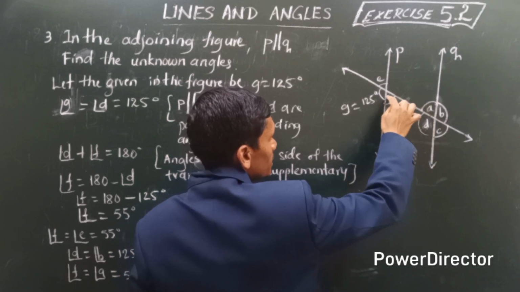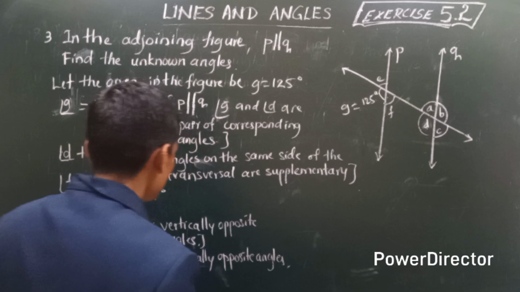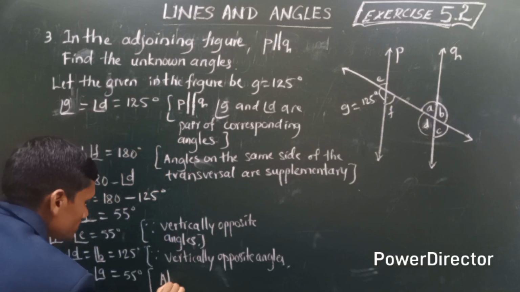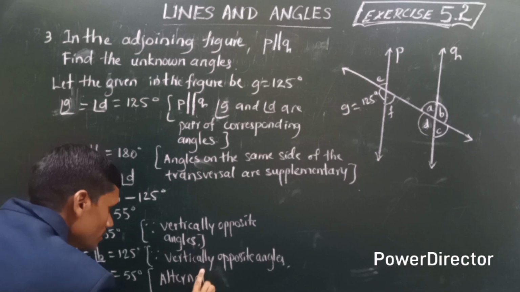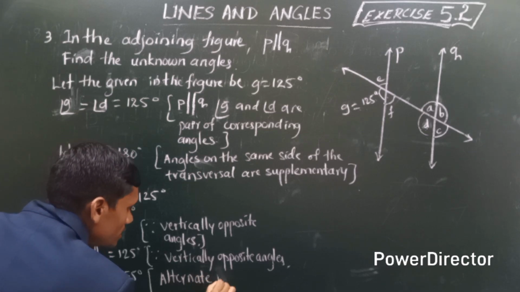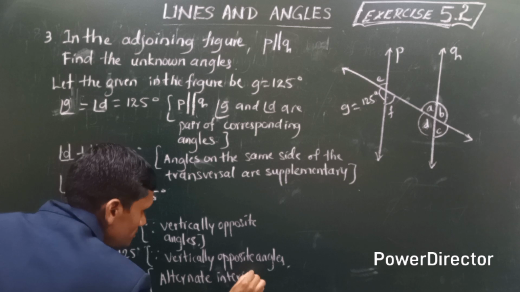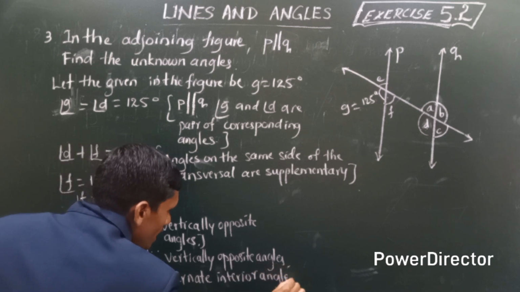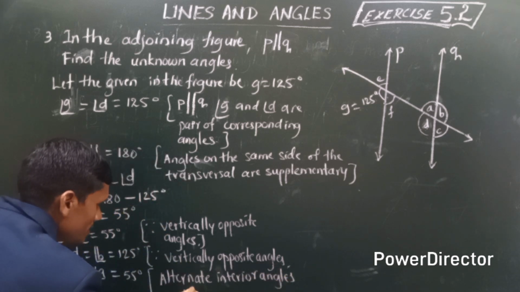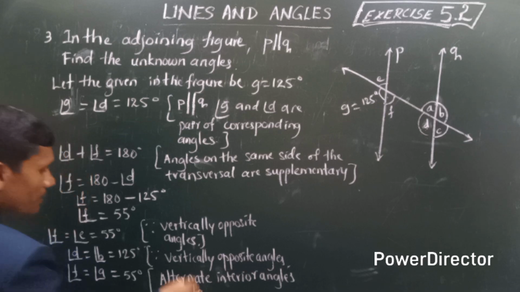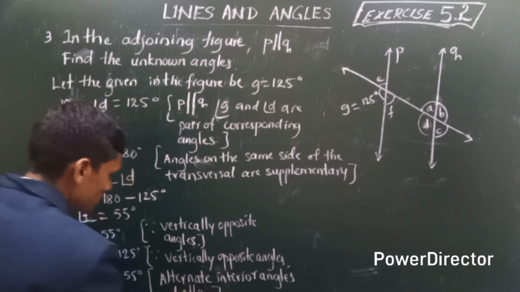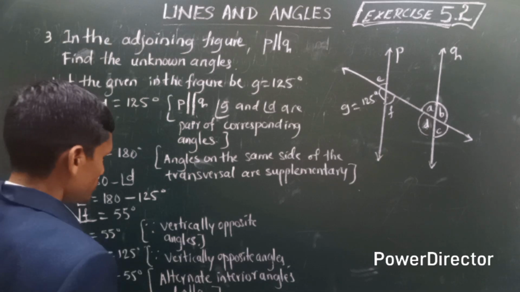You can see, this is in this direction, it is in this direction. And you should also say P is parallel to Q. This is also important, because only when they are parallel to each other will these alternate interior angles be equal. Otherwise, they will not be equal. So you should mention this also.